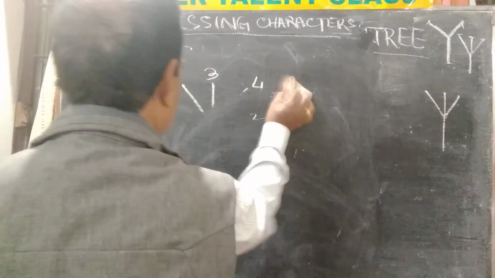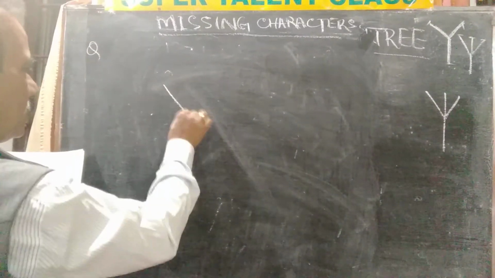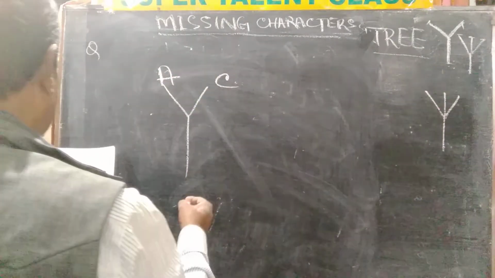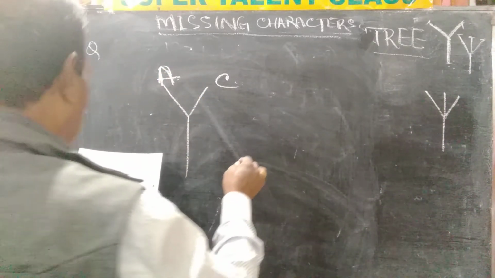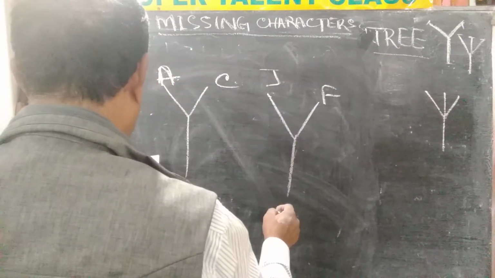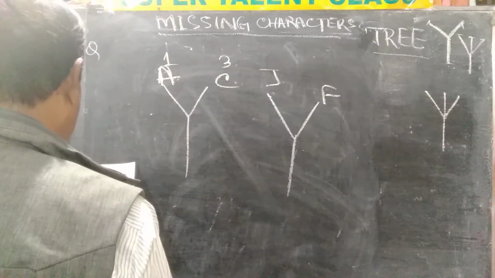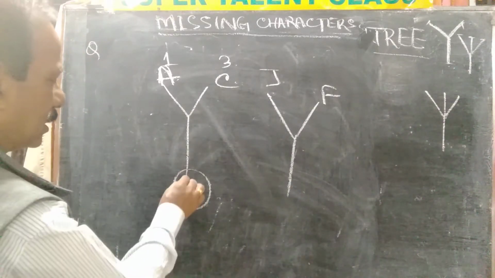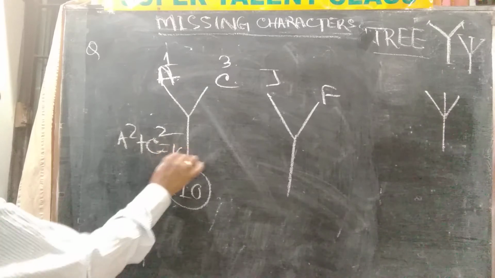Or some questions you see, that the logic only I am telling you. Now see, simply AC देखो and this JF. देखो here AC this is 1 3, so here I get 10. बोलो कैसे हुआ? 1 3, 10 हो गया, कैसे? a square plus c square, 10 होता है कि नहीं.